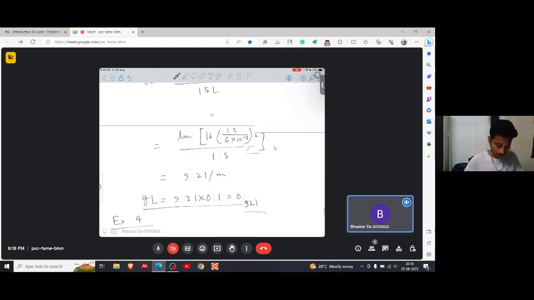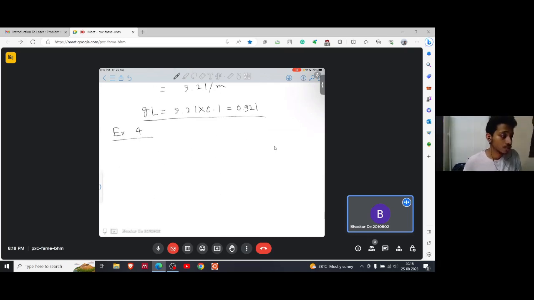So again, see another problem that uses this formula to calculate the gain.